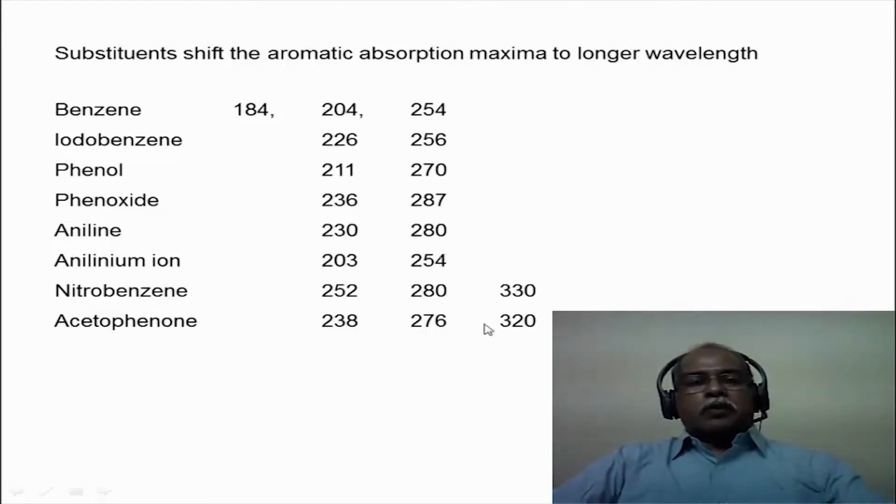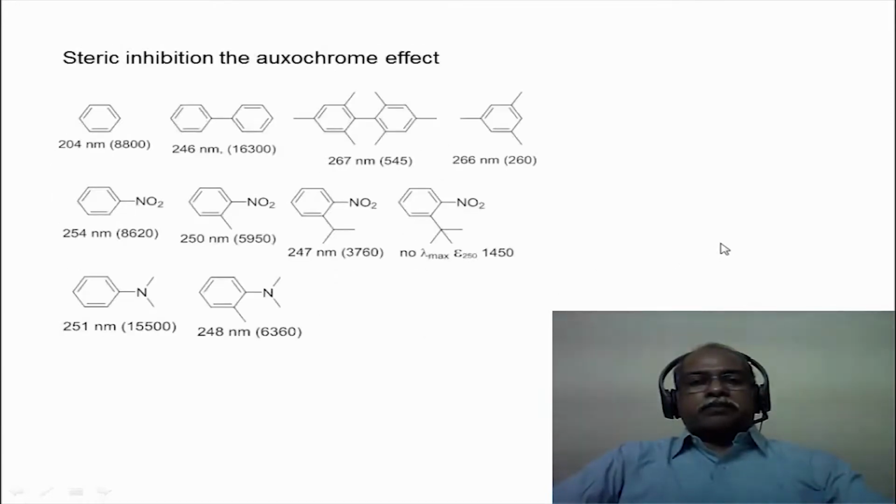In other words, the auxochrome effect is diminished once the nitrogen lone pair gets protonated in the case of aniline to anilinium ion. This illustrates the auxochrome effect of the various substitutions present on the benzene ring, causing the shift to higher wavelength in the pi to pi star transitions of benzene.